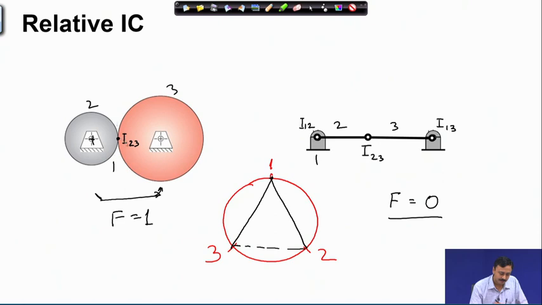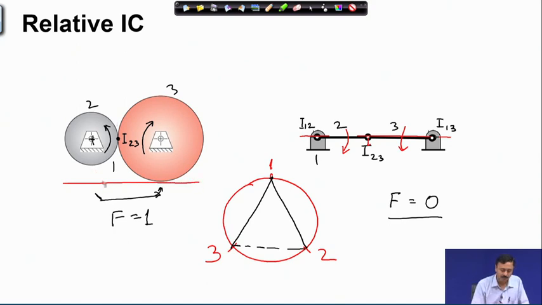The IC 23 on this gear always remains at this point when these two move, whereas when these two links, if you try to move, this I23 is going to shift out of this line, and once it shifts out of this line, the Aronhold-Kennedy theorem does not hold, but it must hold, therefore, this cannot move any further, whereas here the Aronhold-Kennedy theorem is always satisfied.